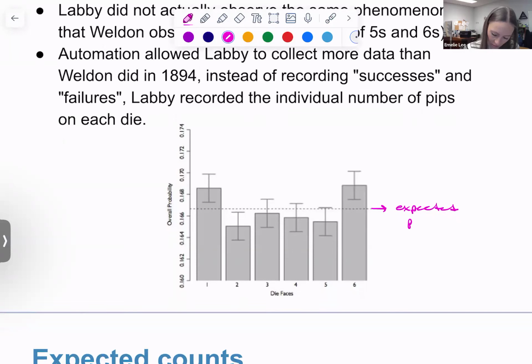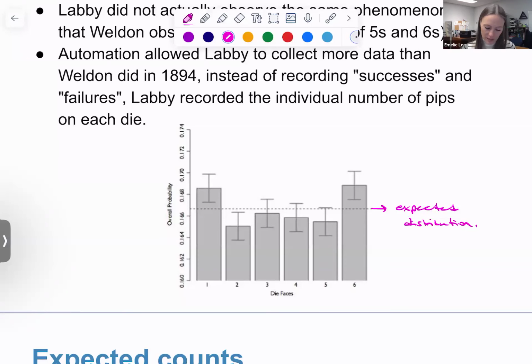Now, maybe I won't say probability because that could get confusing later. But this is what I'll call the expected distribution. If I said, okay, I'm going to do this experiment, what would we expect this distribution to look like if the dice were all fair?